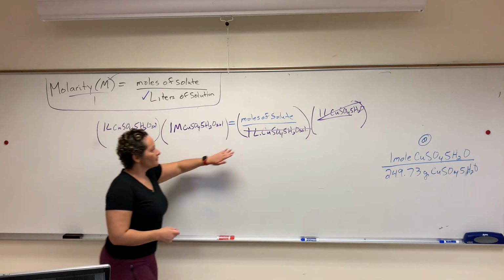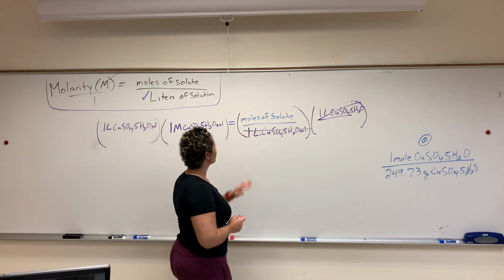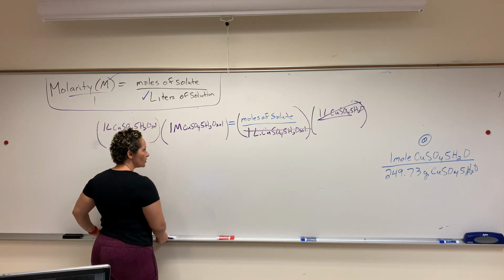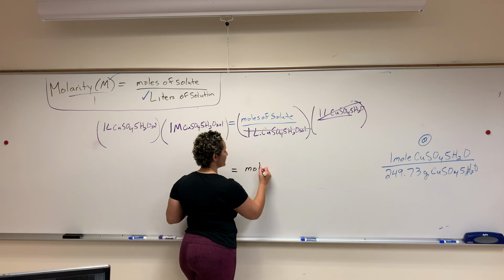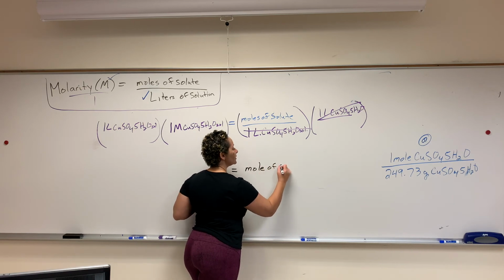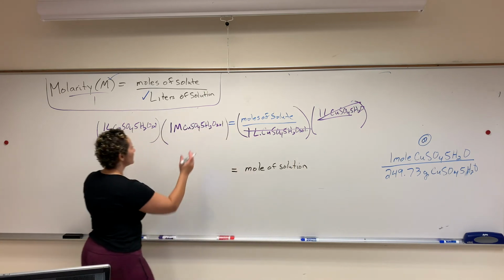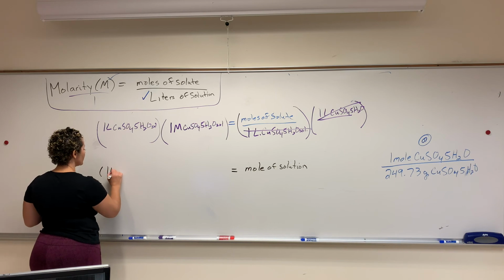We got rid of this label. Boom, we got rid of that. We're left with moles of solute here, okay? So let's go ahead, bring it down, show all the steps. You don't have to show all the steps. I do need to see setup, moles of solution. But I'm showing you how to do the steps. Now we can go ahead and times this one. But here's the deal, our labels aren't the same.